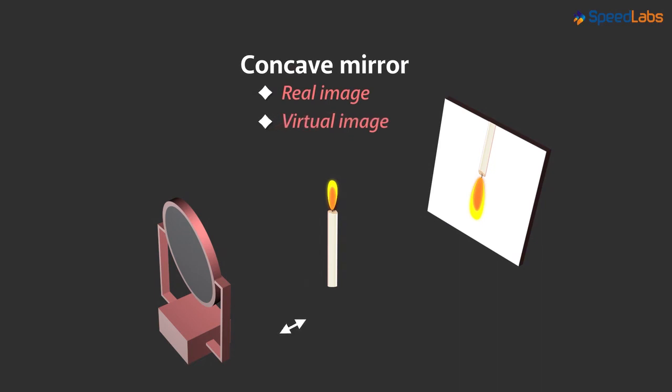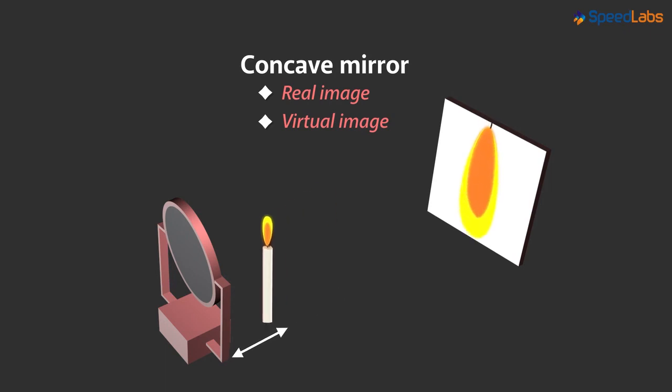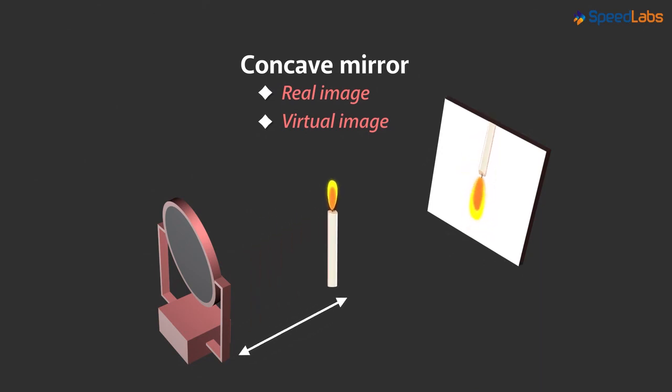And this depends on the distance between the object and the mirror. If the object is too close to the mirror, a virtual image is formed which cannot be projected onto a screen. And if it's further away, a real image is formed which is upside down and can be projected onto a screen. We will see more properties of images formed in a concave mirror in our next video.